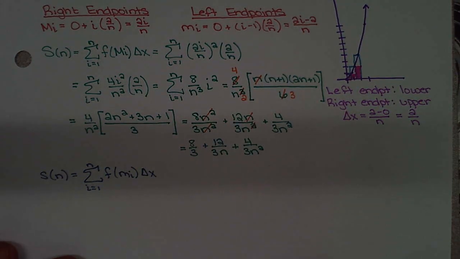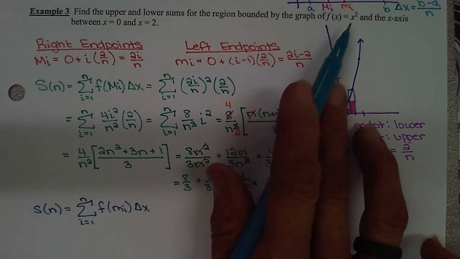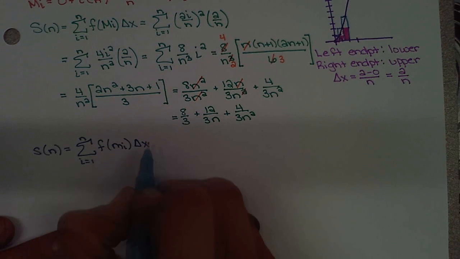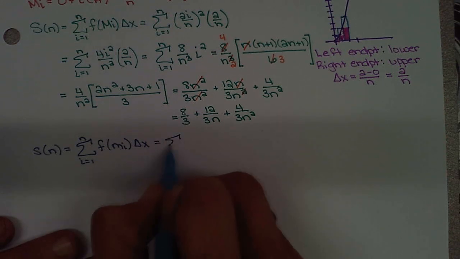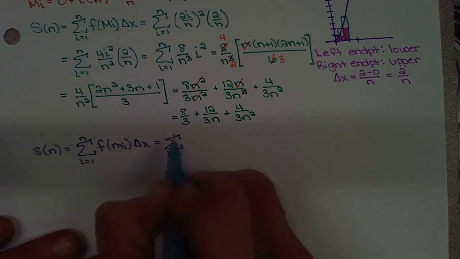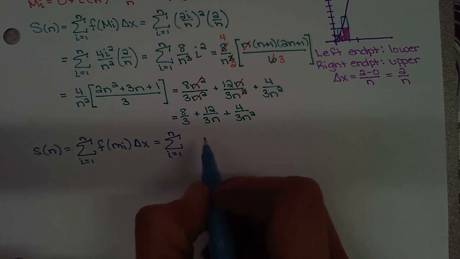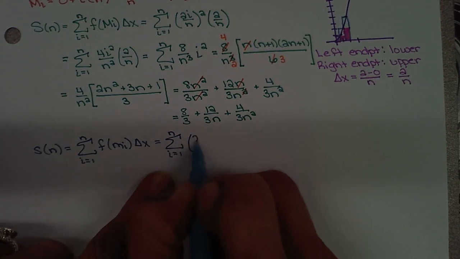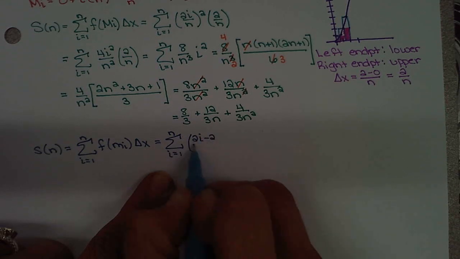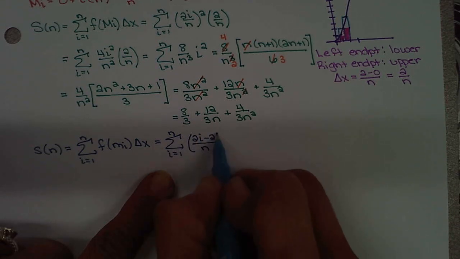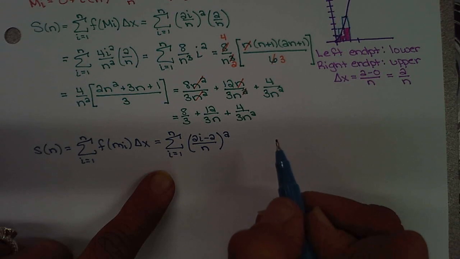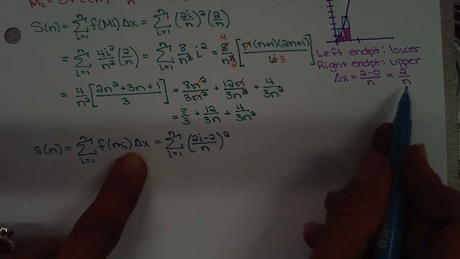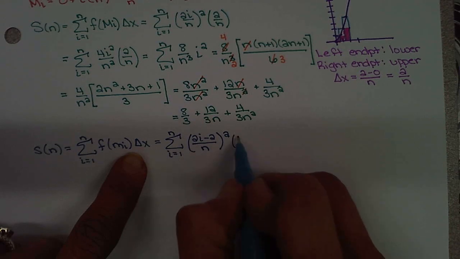So that's going to be what we're plugging into our function, and our function is this x squared. So this is going to look like the summation from i equals 1 to n. Here, if I plug in, it's going to be a 2i minus 2 over n quantity squared times my delta x, and my delta x is this 2 over n.